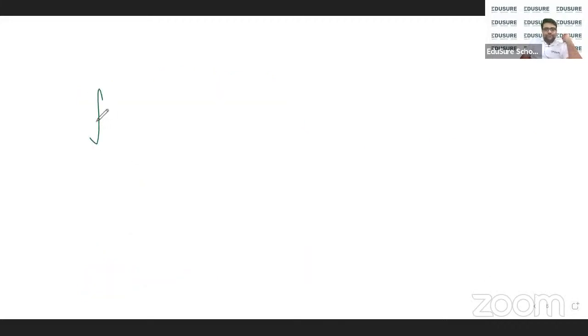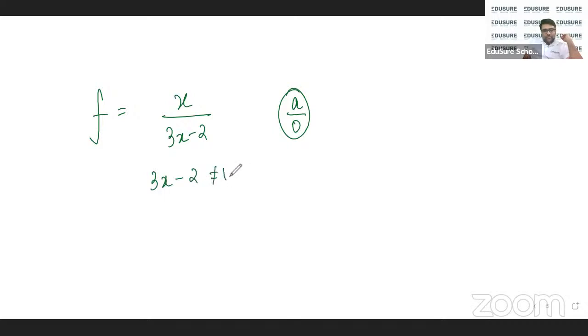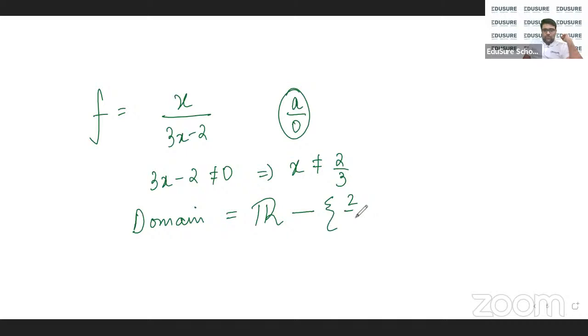What if they ask you f(x) is equal to x by 3x minus 2? Denominator cannot be equal to 0 because anything divided by 0 is undefined, right? So here 3x minus 2 cannot be equal to 0, or x cannot be equal to 2 by 3. So what will be the domain? Domain will be equal to the set of all real numbers except the value 2 by 3.